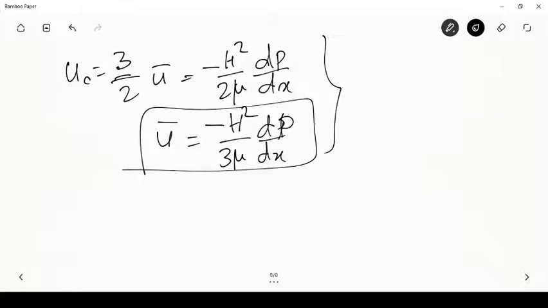So if I want to write it in terms of the wall shear stress and mean velocity, I should be able to write that.